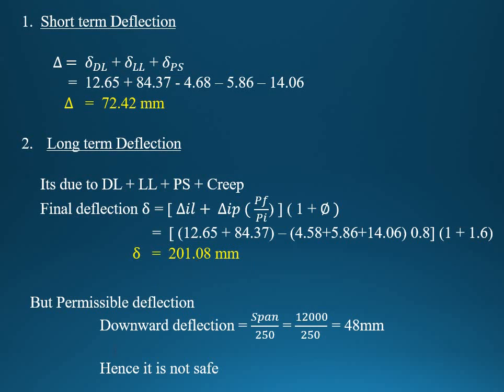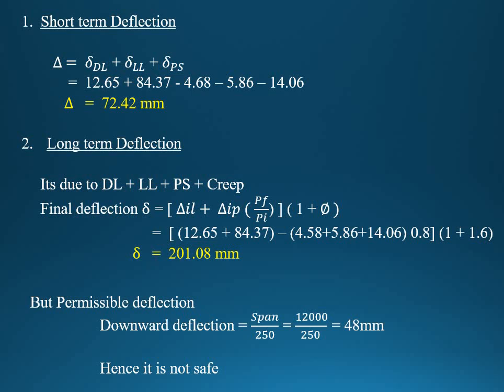Now, how to take the permissible deflection formula? Here you can observe it is a positive deflection. As it is a positive deflection, obviously the deflection will be downwards. So the standard formula for downward deflection is span by 250.